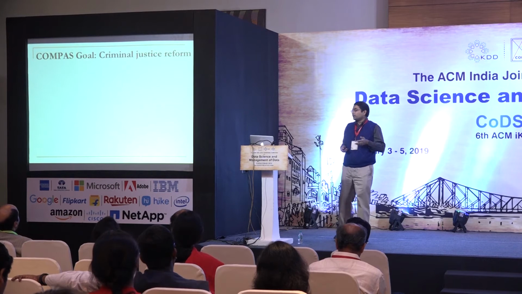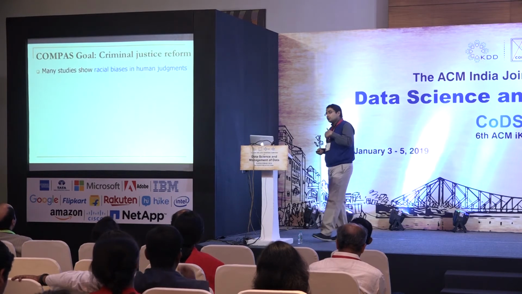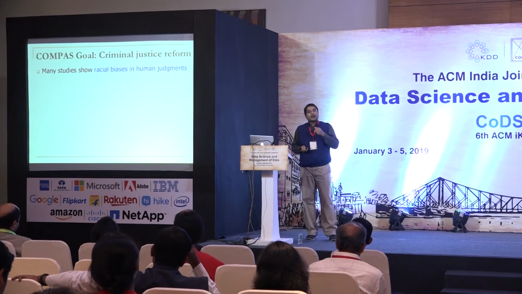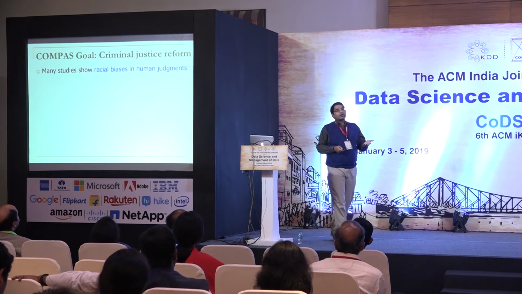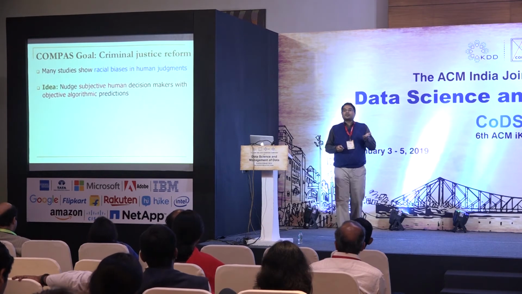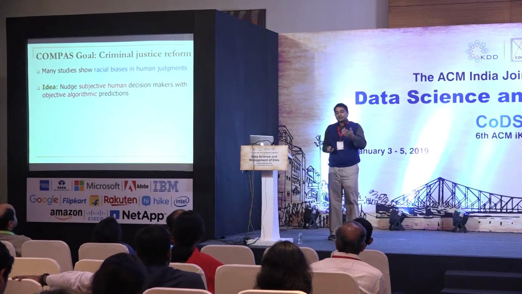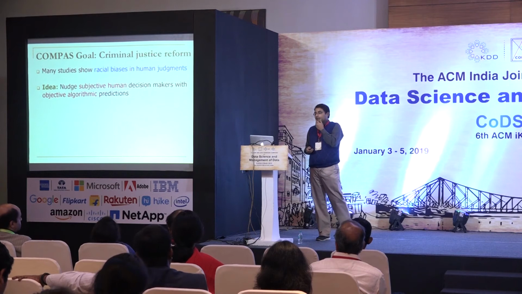The designers wanted to reform the criminal justice system in the US, which has been shown in several studies to be racially biased. Often you have human judges and they are known to make biased decisions. In fact, there are studies that show that the way judges make decisions before lunch and after lunch is quite different, with statistically significant differences.